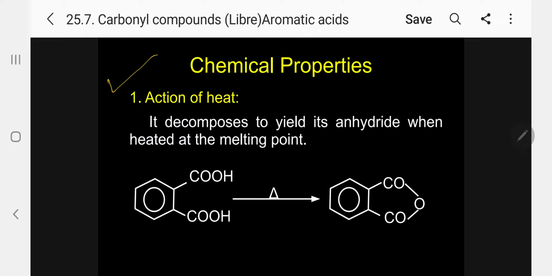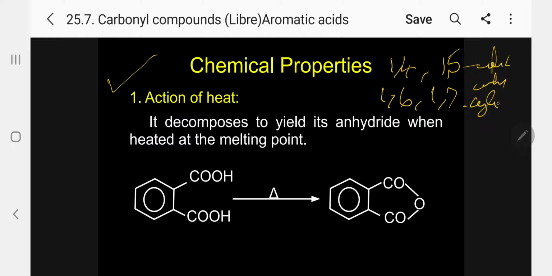I have already discussed this under the aliphatic acids. Whenever any aliphatic dicarboxylic acid is heated, we first have to find out whether it is 1,2, 1,3, 1,4, 1,5, 1,6 or 1,7. Normally 1,4 and 1,5 dicarboxylic acids give cyclic anhydride. 1,6 and 1,7 give cyclic ketone.